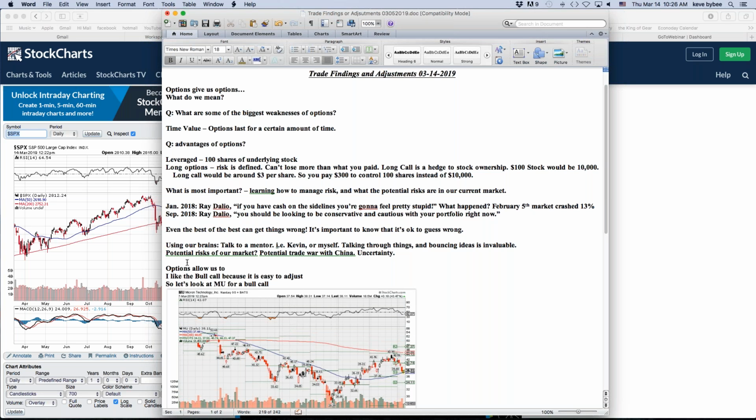Options allow us to guess wrong, or I should say, if you set it up right, let's say it this way: if you pay attention to potential risks, options give us the ability to guess wrong.